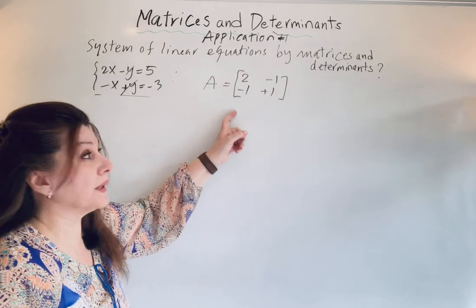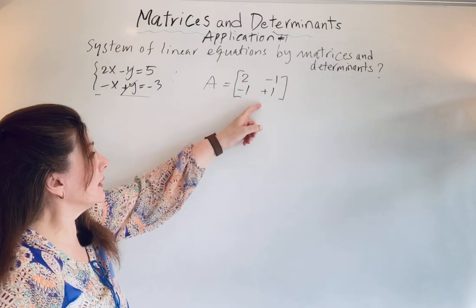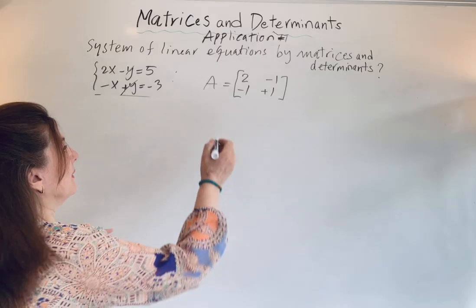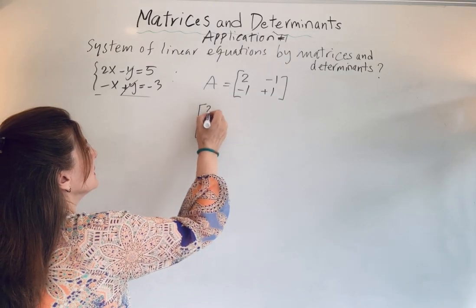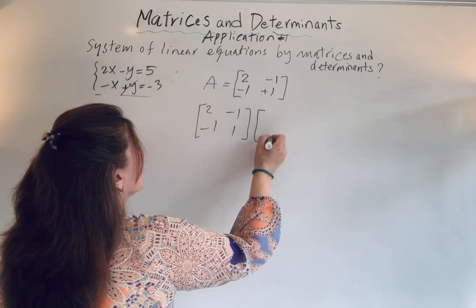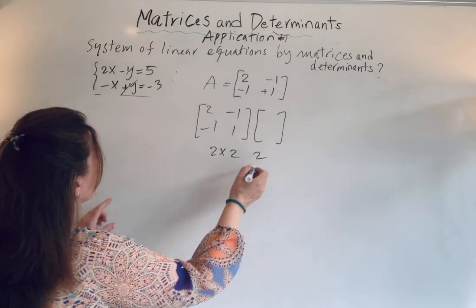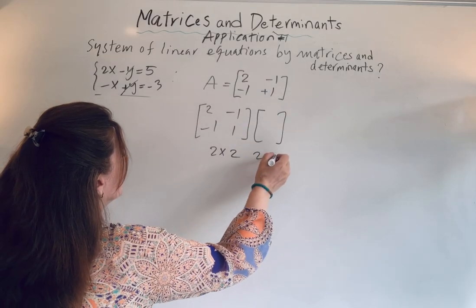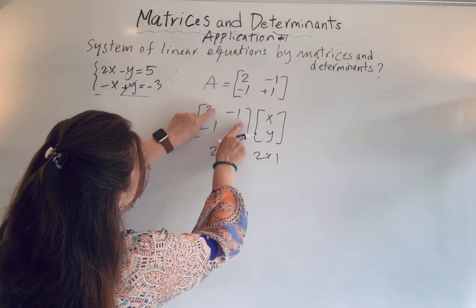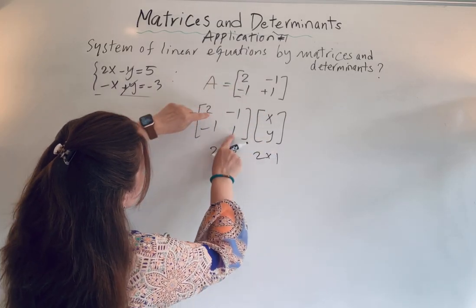Order matters here because this column is x's, this column is y's. A times another matrix, a 2 by 1 matrix of x and y.